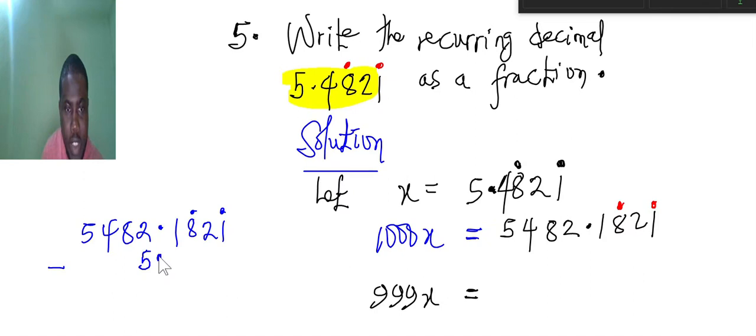Okay, let the decimal points align, very important when subtracting decimals.